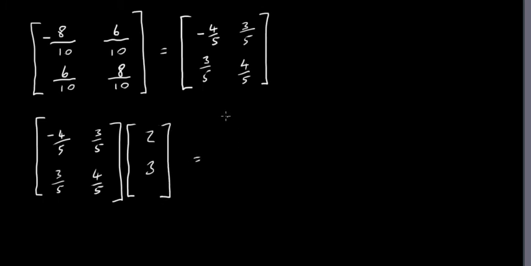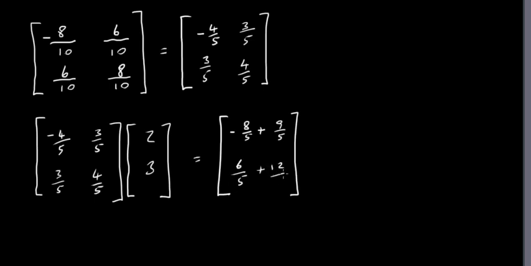So let's work through that. So we have minus 4/5 times 2, so that's minus 8/5, plus 3/5 times 3, so that's 9/5. Okay, now here then we're going to do these two and these two here, so it's 3/5 times 2, that's 6/5, plus 4/5 times 3, that's 12 over 5.